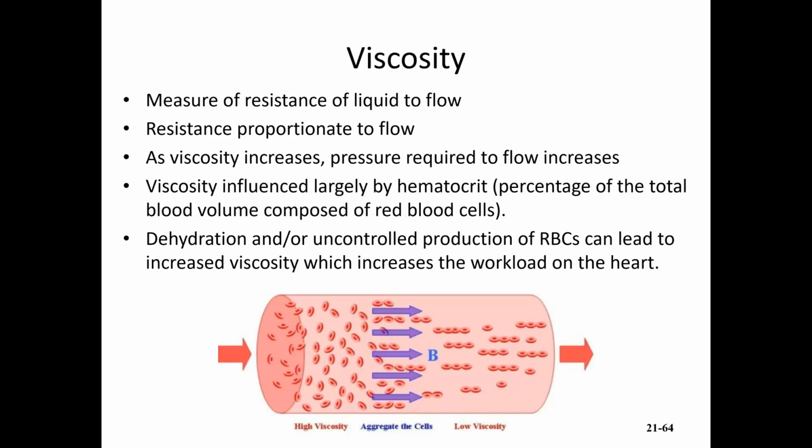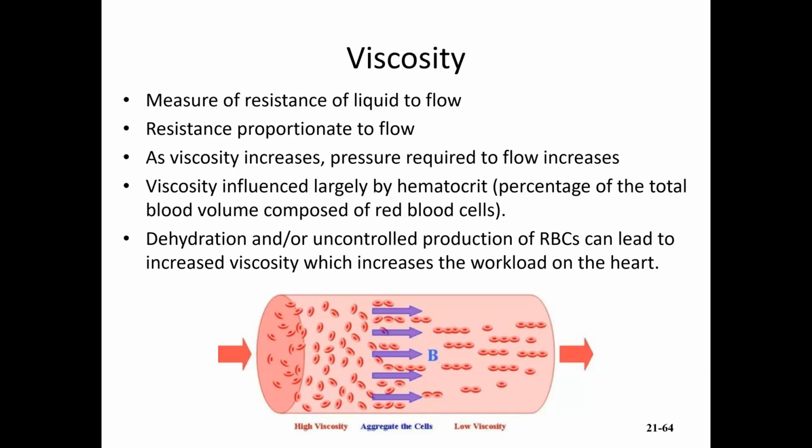We're going to see that viscosity is largely influenced by hematocrit, which, if you remember from chapter 19, is the percentage of the total blood volume that's composed of red blood cells. As our hematocrit increases, our viscosity is going to increase as well.